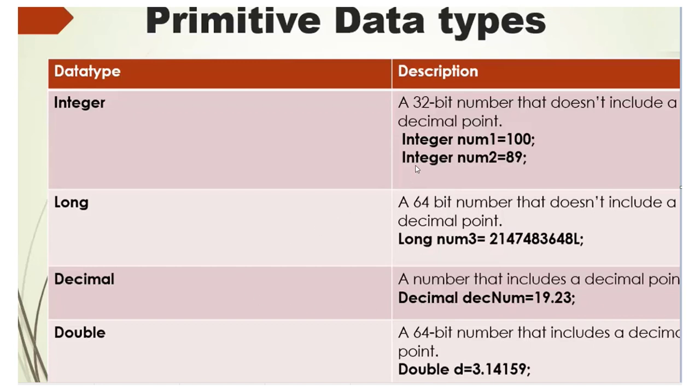We are denoting a data type as integer, as long, or as decimal. That is the key point to note. Similarly for double, we are defining the data type as double. It is worth noting that integer is a 32-bit number, long is a 64-bit number, decimal is again a 32-bit number, and double is again a 64-bit number. So just be mindful about that.